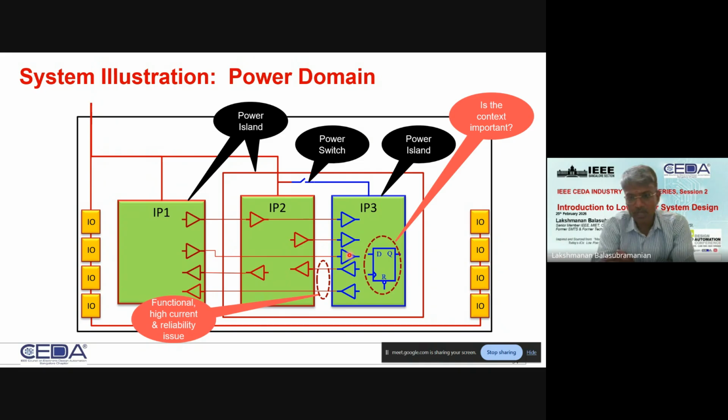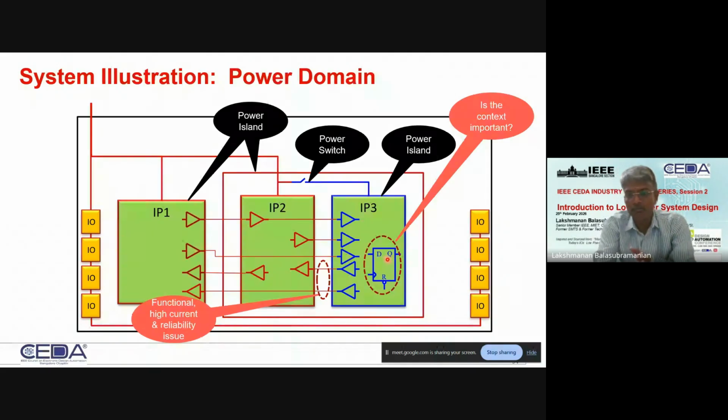Now you also have sequential elements inside this IP3, which could be just one flip-flop, or it could be thousands of bits of very deep and broad memory. Now, if you have to bring the whole system to a specific context, whenever I switch on the switch for IP3, I cannot use IP3 for its required functionality immediately.